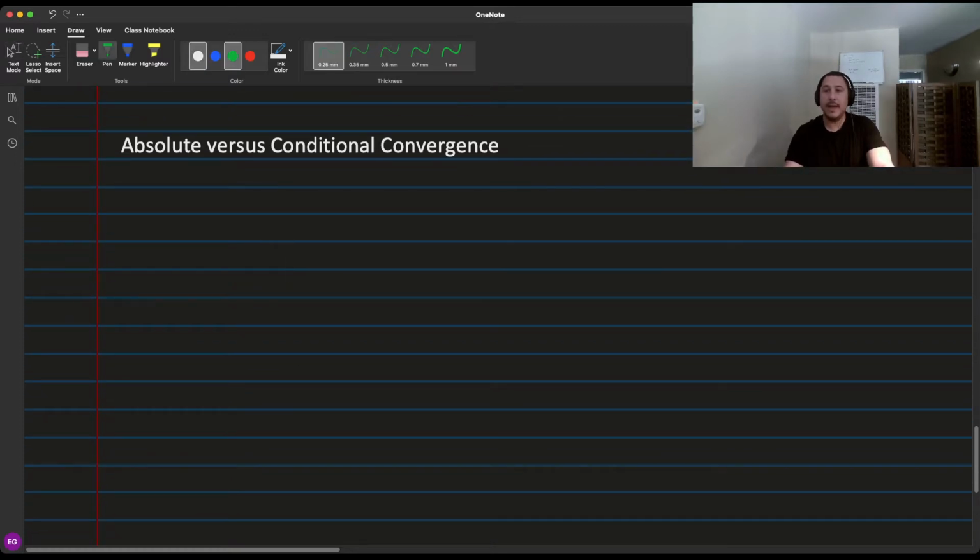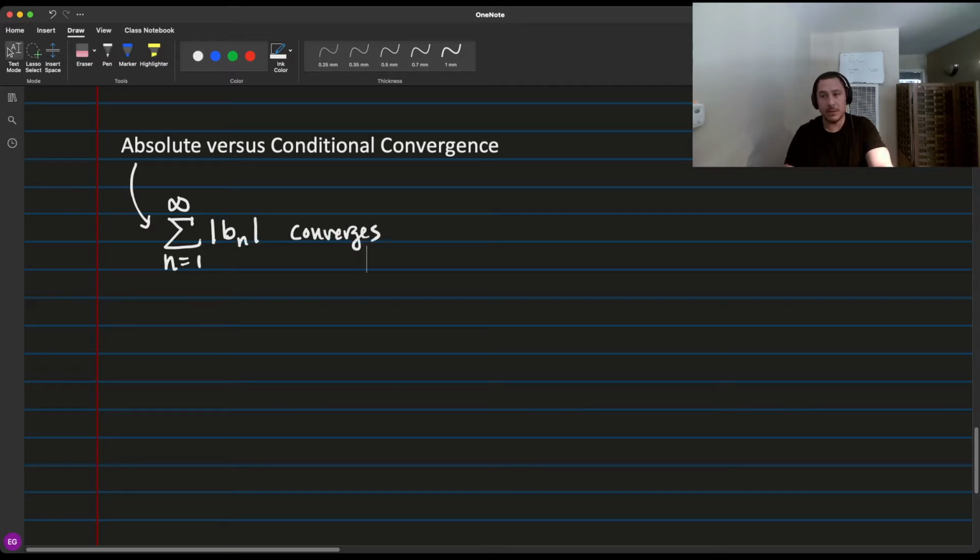Okay, so absolute convergence is when, let's say you take the absolute value of your terms and it converges. Now, if your terms were already positive, that's the same thing, right? Do you get what I mean?